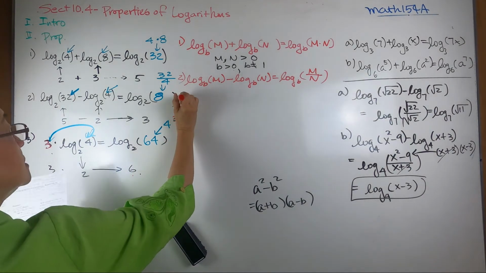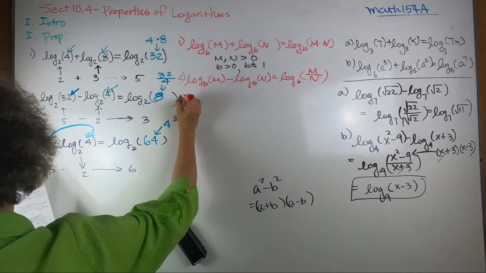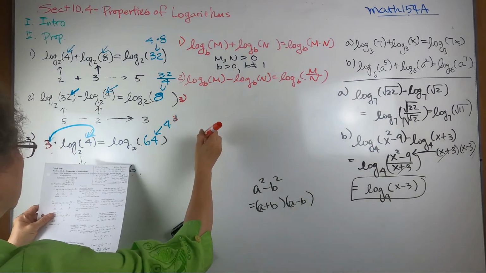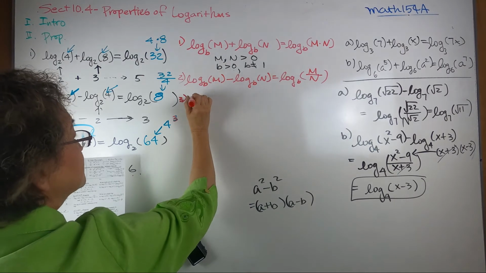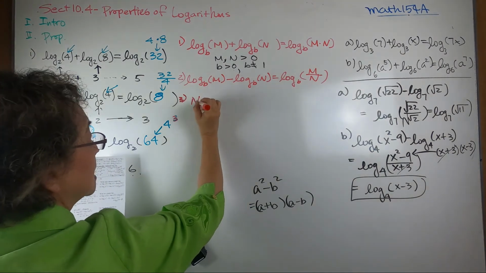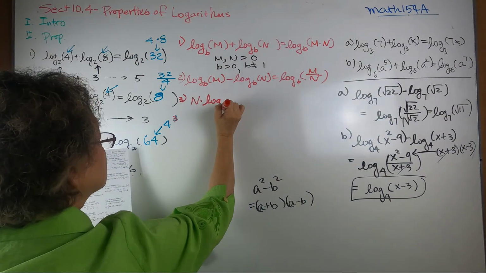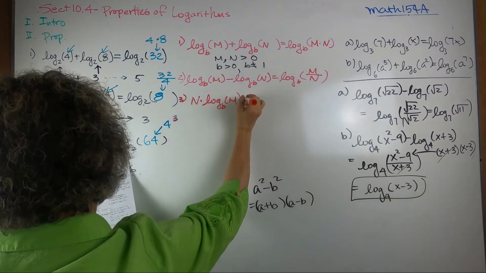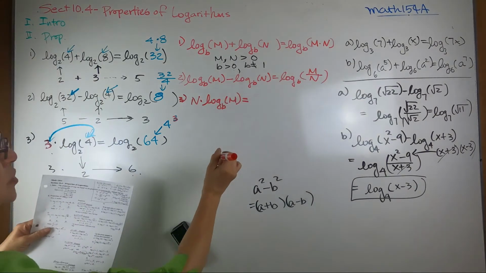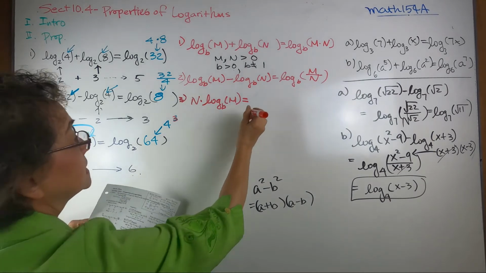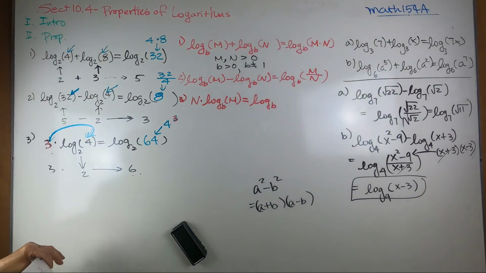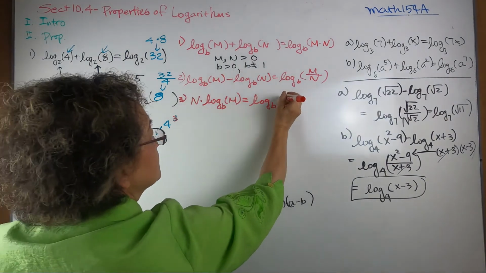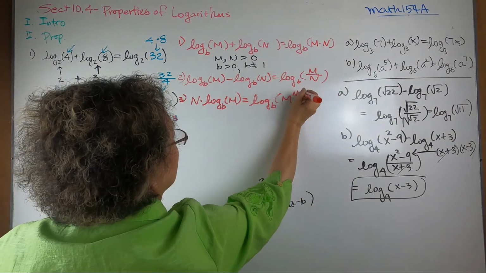Okay, so the 3rd property we have, we call it the power property. If you have n times log base b of m, when we move n away to inside, it becomes the power.